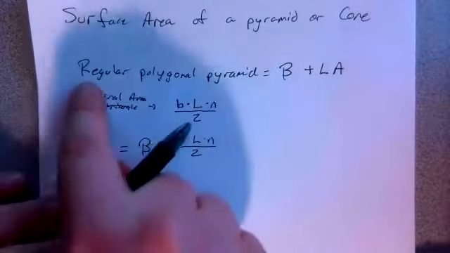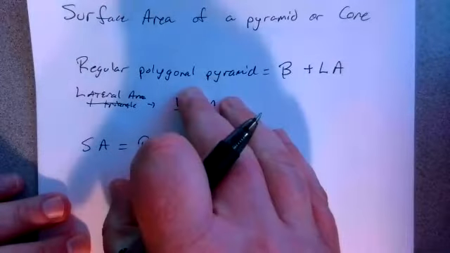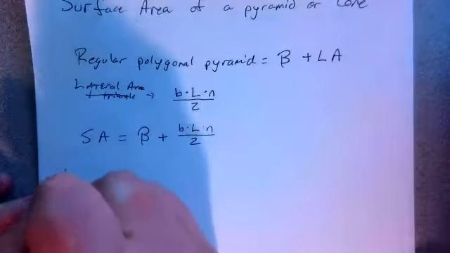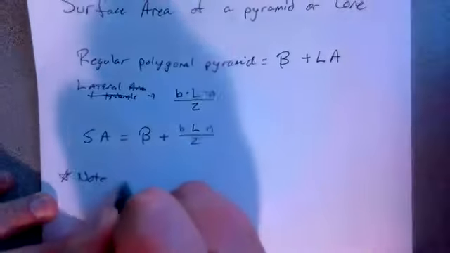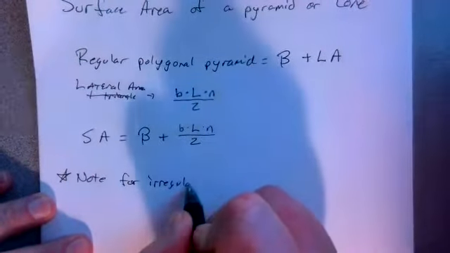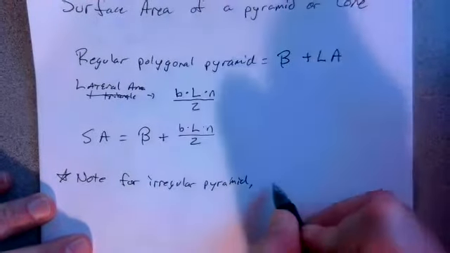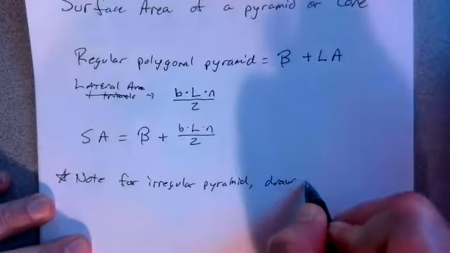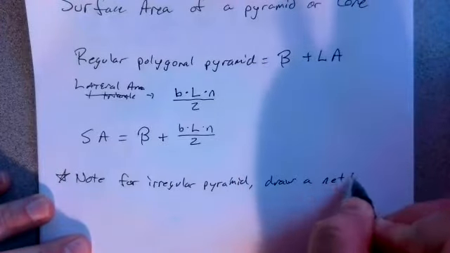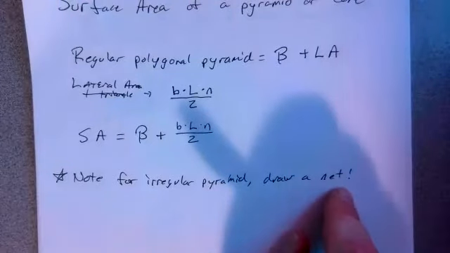If it's an irregular pyramid, draw a net. So I'm going to make a note here. Note: for an irregular pyramid, draw a net. And that's an exclamation, like, draw a net!